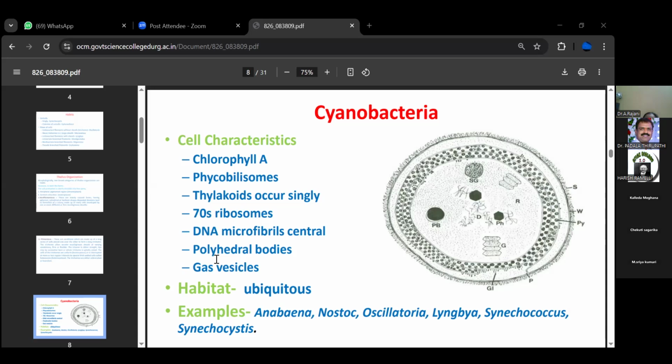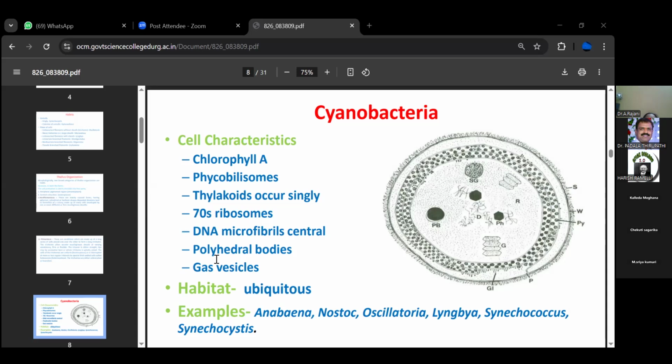Besides the thylakoid membrane, the cyanobacteria cytoplasm contains components such as carboxysomes, glycogen granules, cyanophycin granules, lipid bodies, polyphosphate bodies.